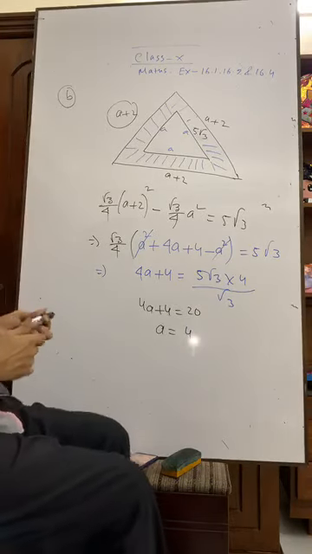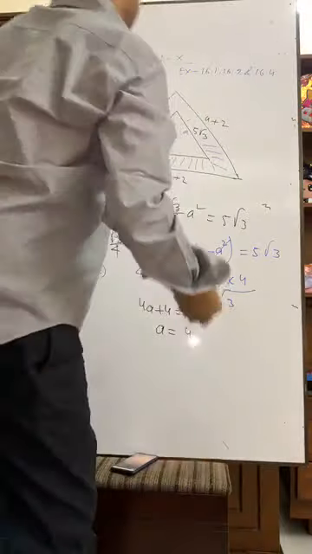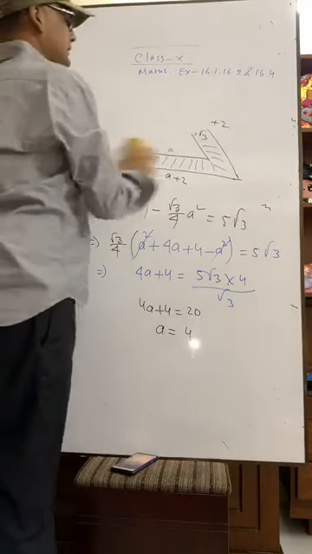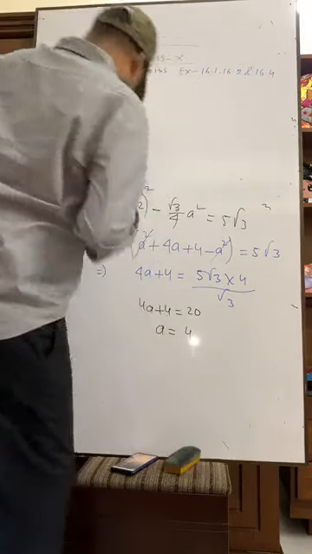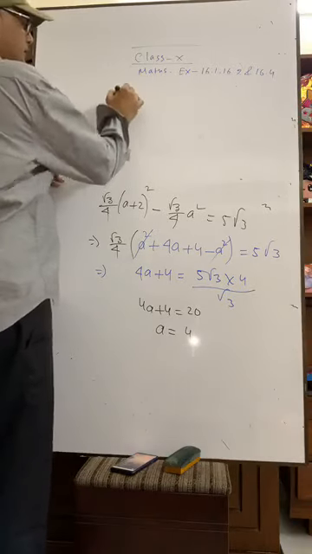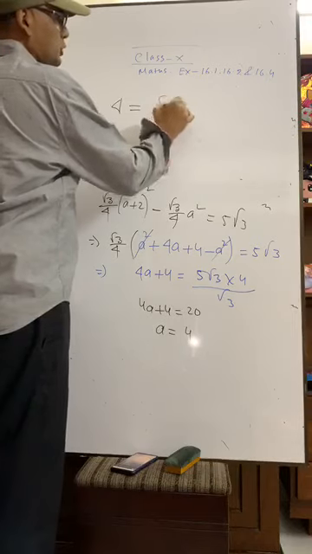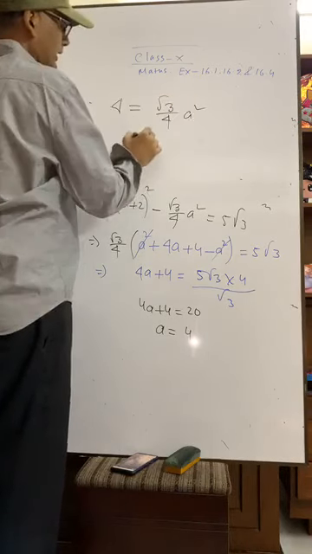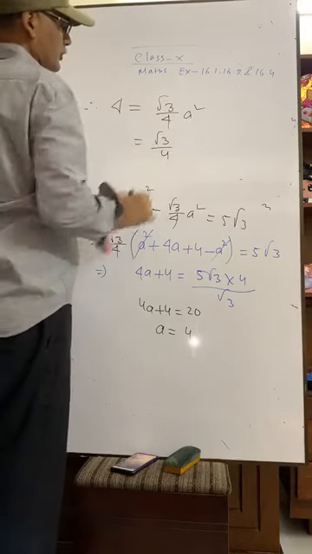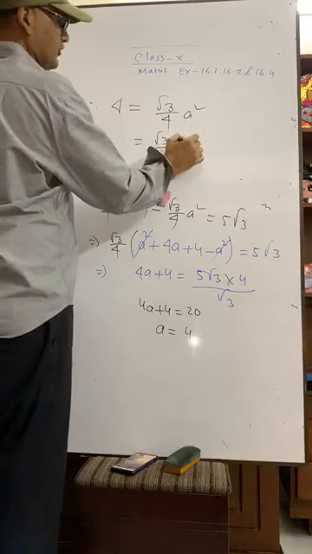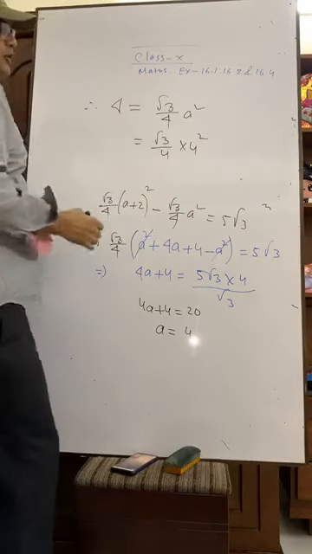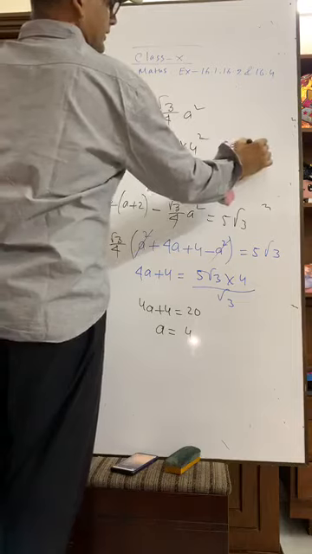Now in this question you have to find the area of the triangle. Area of the triangle is equal to root 3 by 4 A square. What is A? A is 4, so 4 square centimeter.